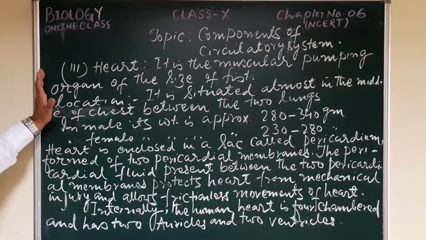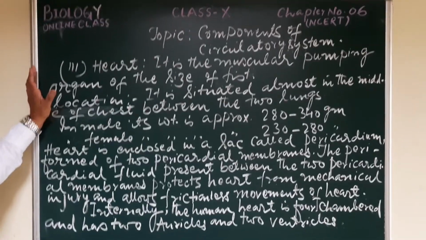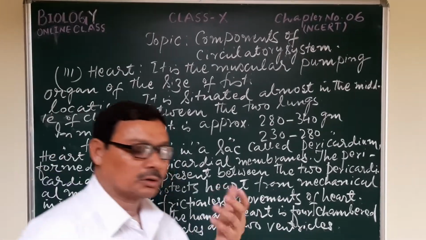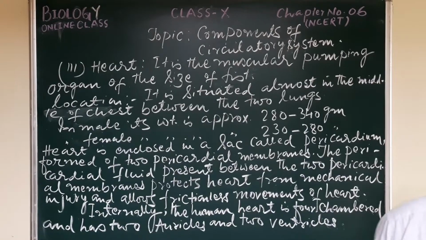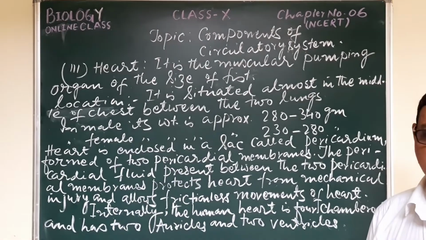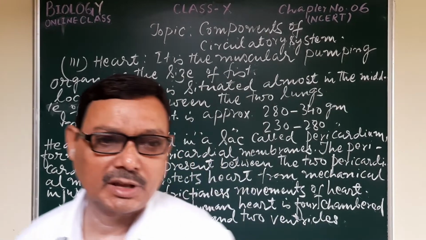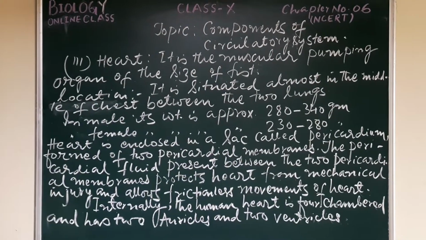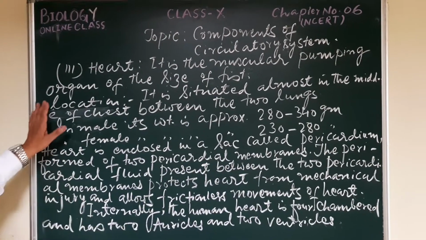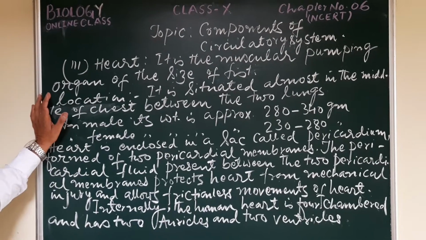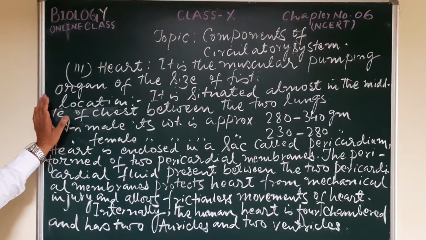In the last class, we went through the other two components. The first one is the blood fluid medium, blood and lymph, and the second one is the tube system of our circulatory system, like the arteries, veins and capillaries.